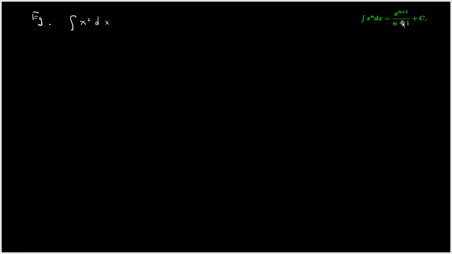Now all we need is to use the power rule for n value of 2. Anybody want to tell me a particular antiderivative of the integrand x squared? This is a particular case that n value is 2. You know that, right?